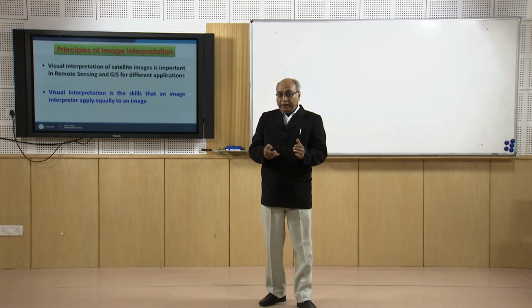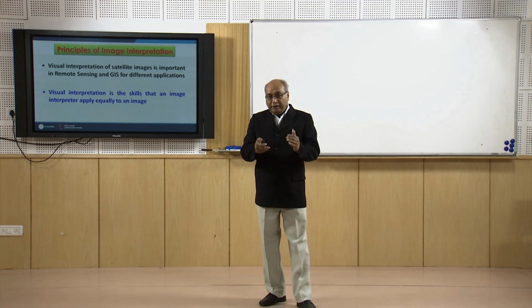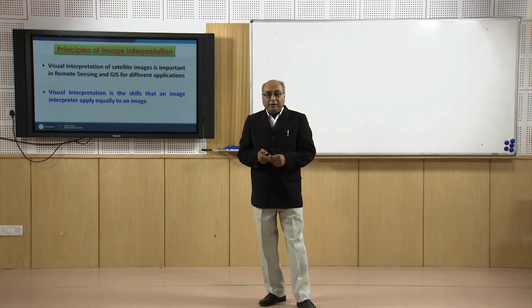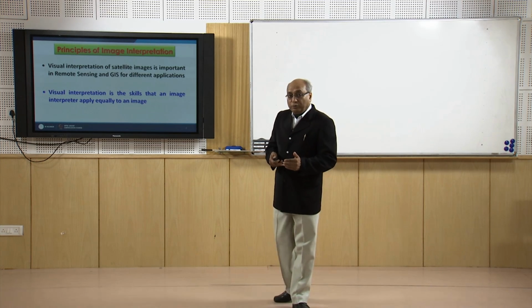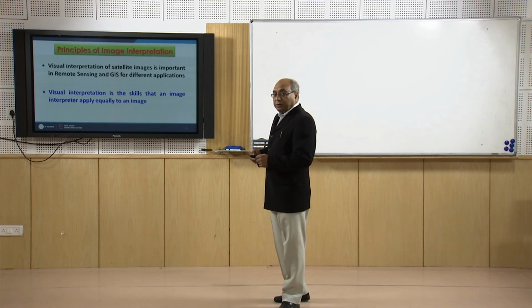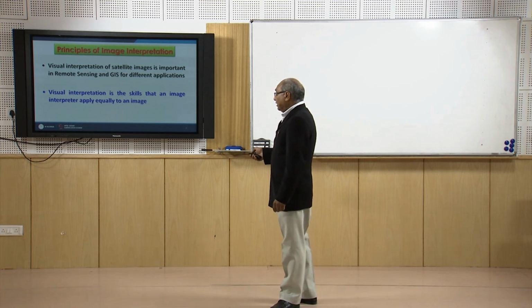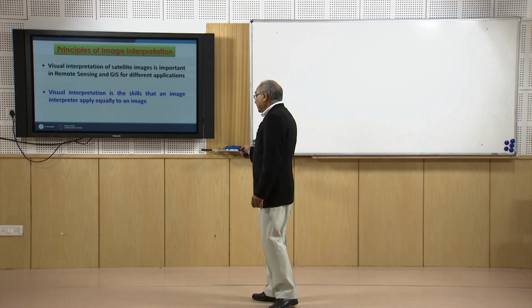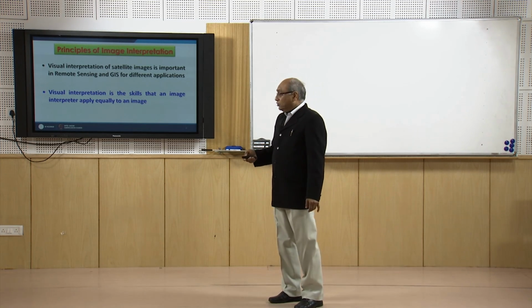As we have discussed in previous lectures, once we have understood all those spectral curves, the behavior of different objects in different parts of the EM spectrum, absorption, scattering and other phenomena, then visual interpretation of such images becomes much easier and reliable. So this is basically a skill. Visual interpretation is the skill that an image interpreter applies to an image.